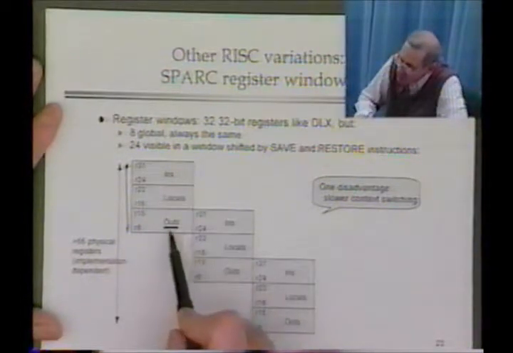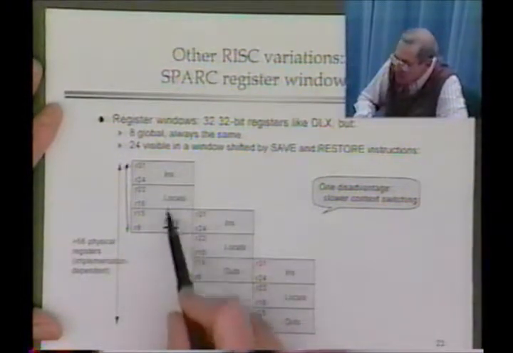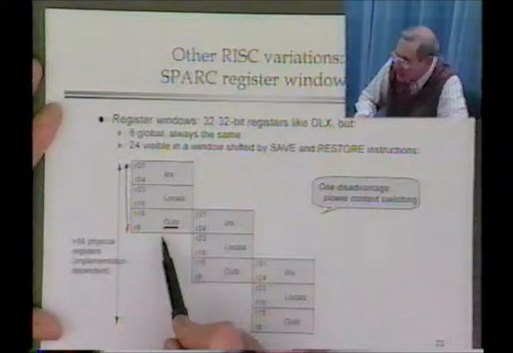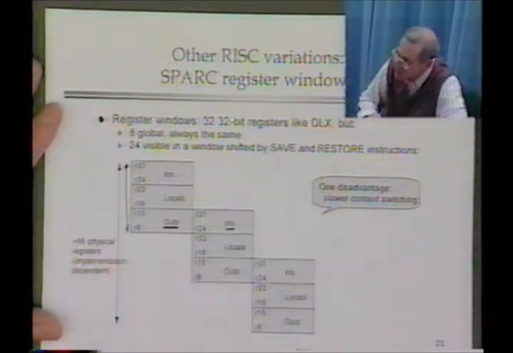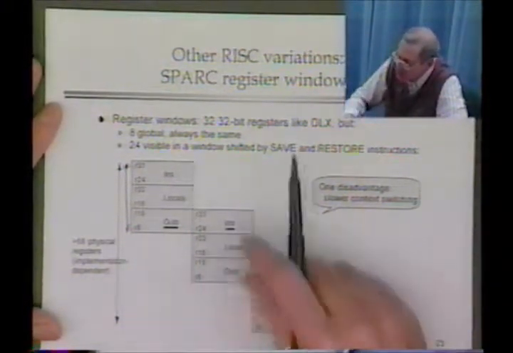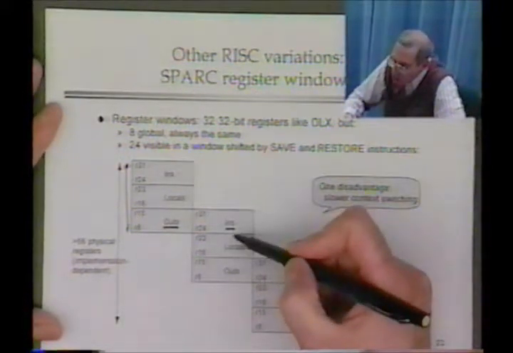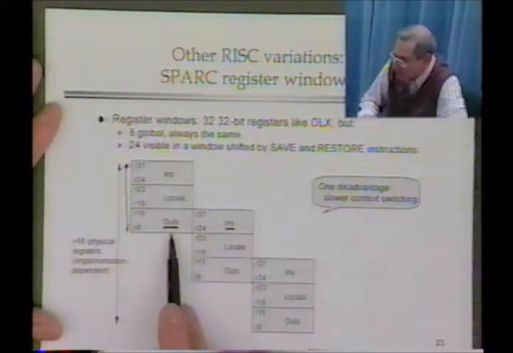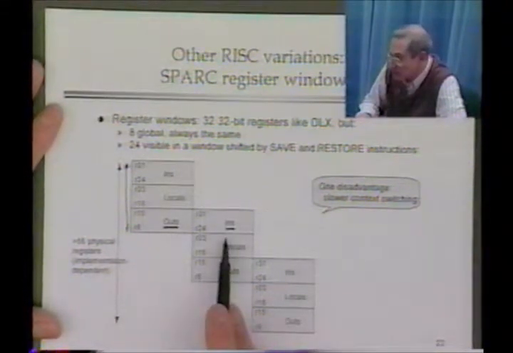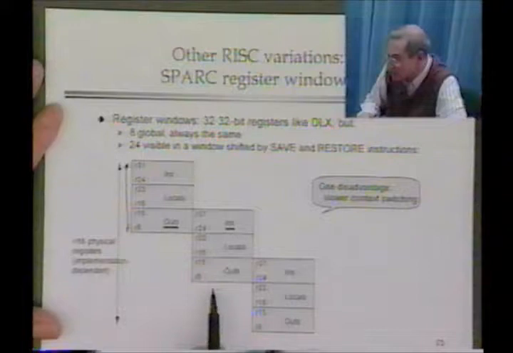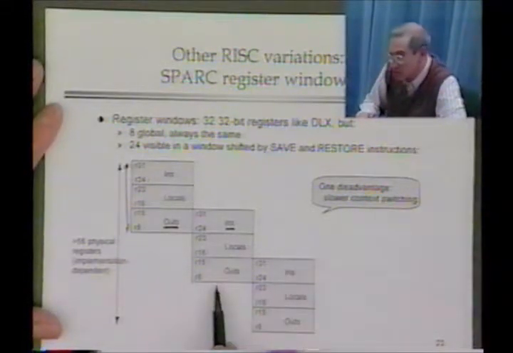Outs refer to the parameters that this subroutine wants to send as inputs to the next subroutine. So you get 16 new registers, and you get 8 old registers from the previous procedure. What does that mean? It means you don't have to save any registers because the ones you're about to use are brand new registers.